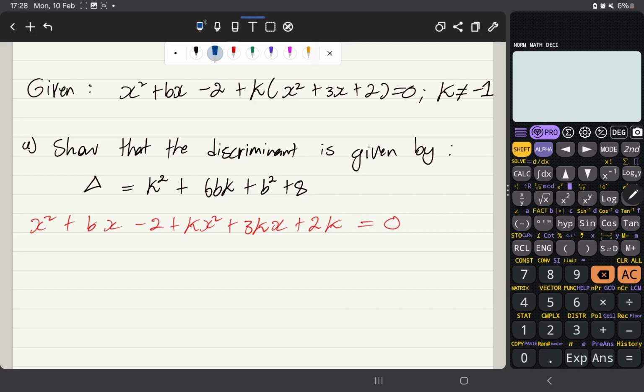Now I can just group the like terms. So I have x squared, so that will be x squared plus kx squared. Now I have x and I have x, so that will be plus bx plus 3kx.